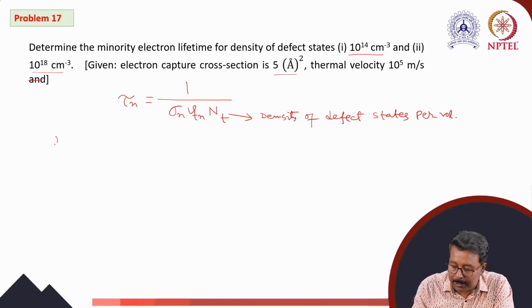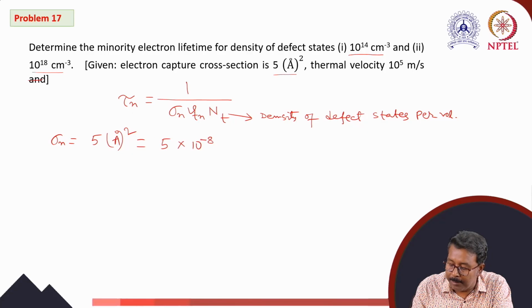Now let us calculate. sigma n is equal to 5 angstrom square. That is, 5 angstrom means 10 to the power minus 8 centimeter. This will become 5 into 10 to the power minus 16 centimeter square.